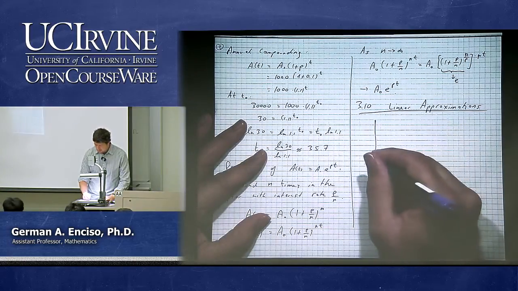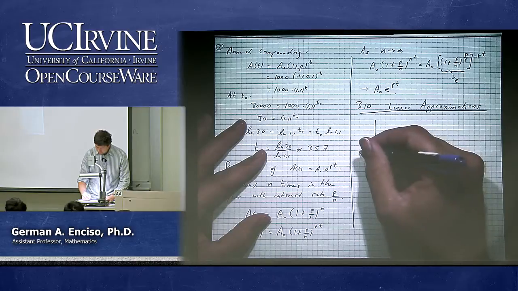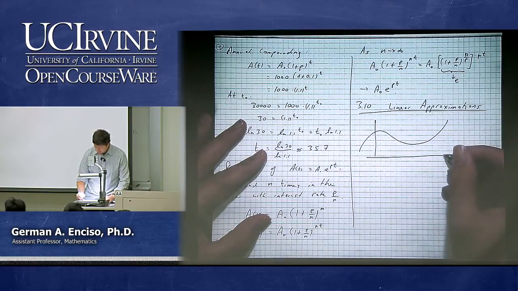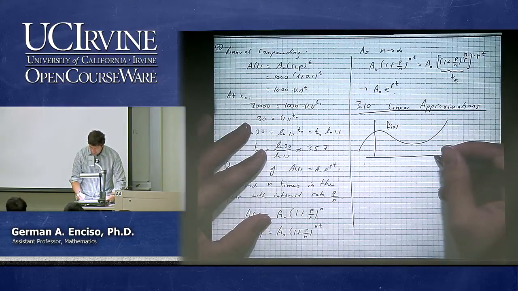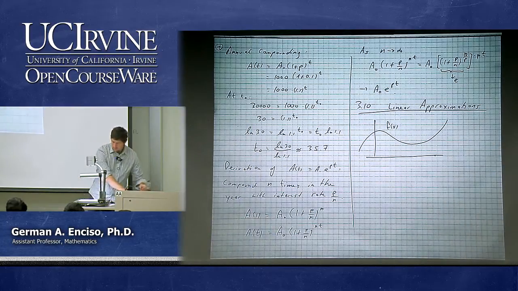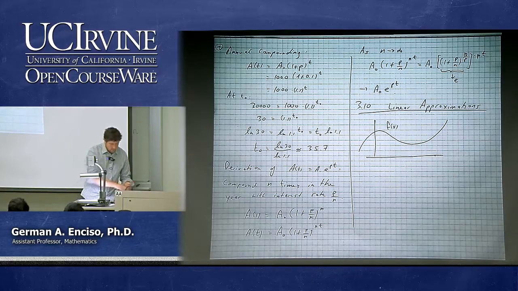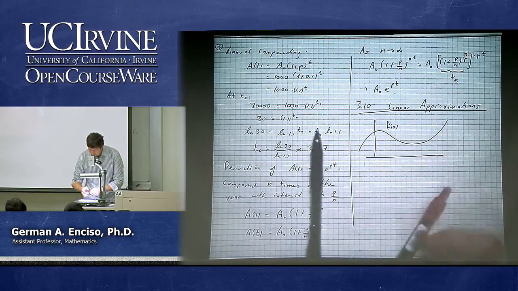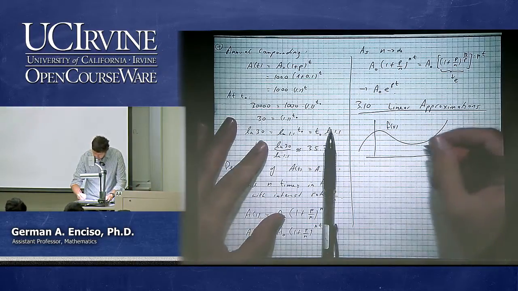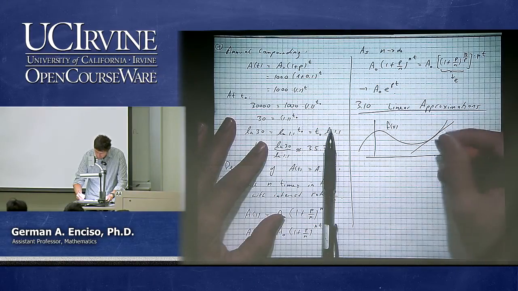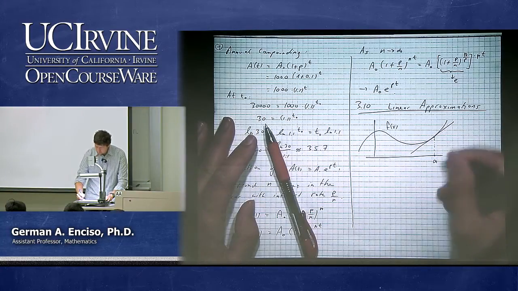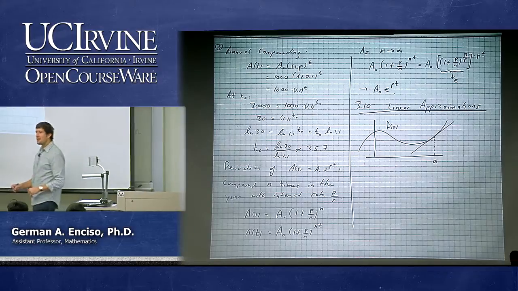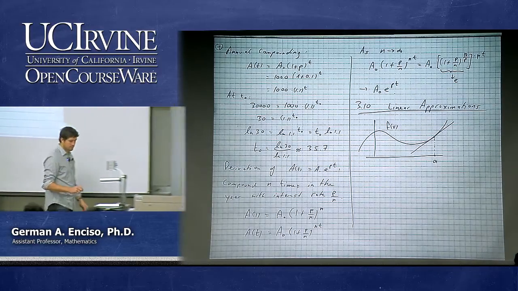Suppose that you have a function f of x, and I'm going to take a point A, and I'm going to look at the tangent line of the function at that point.